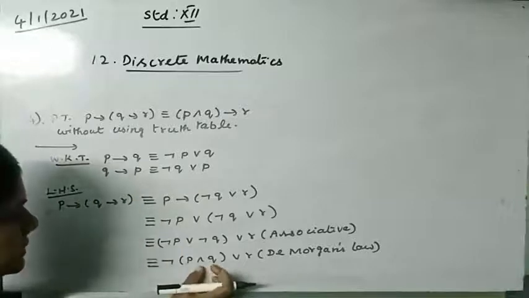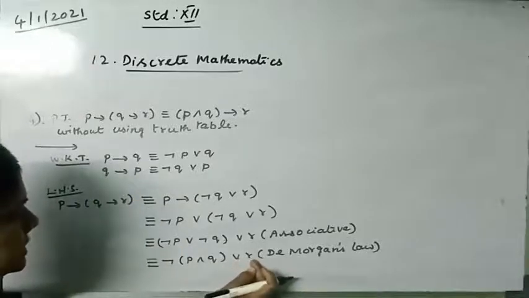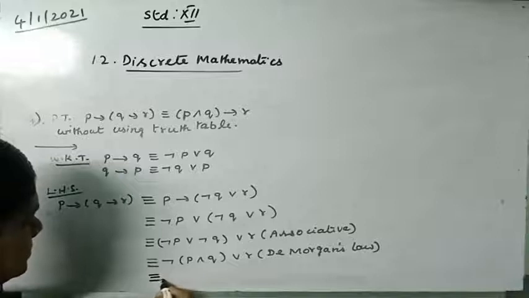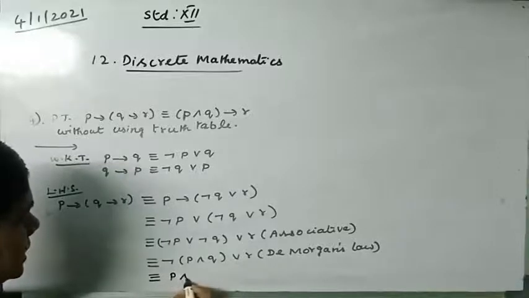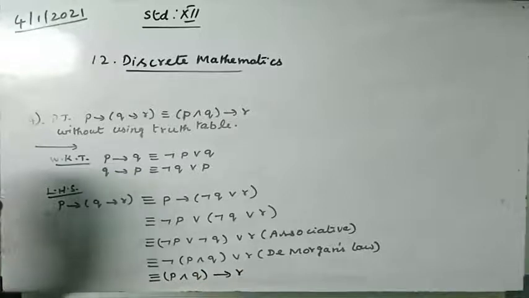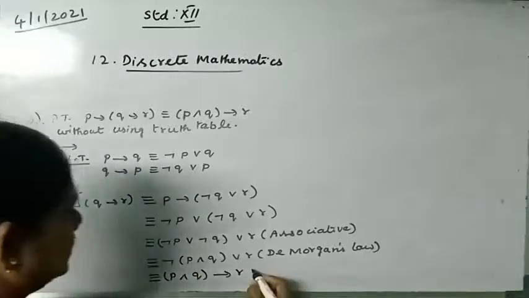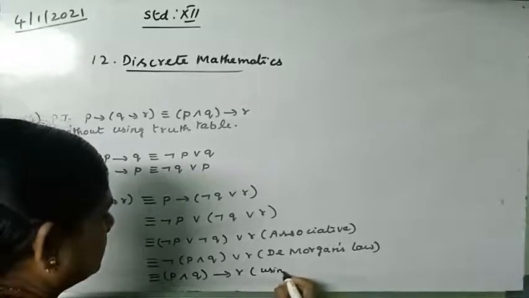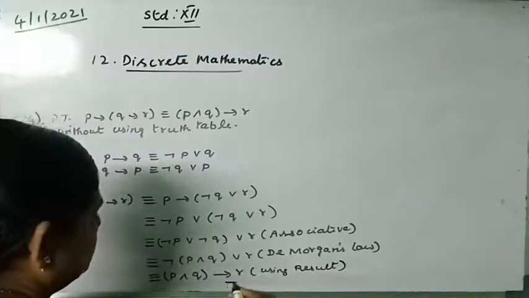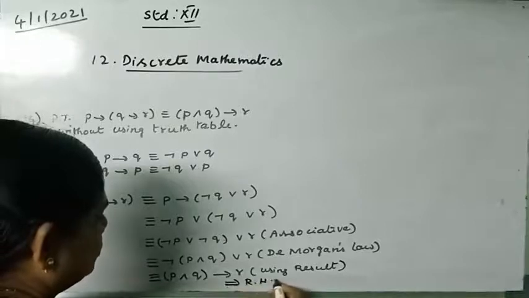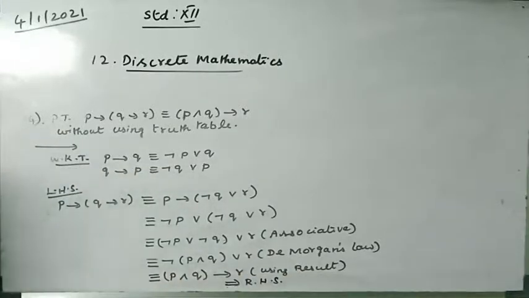The same way, take this as a number union this number, which implies (P and Q) implies R. Using the result, this implies the right hand side. So left hand side is equal to right hand side, hence proved. Yes, thank you all.